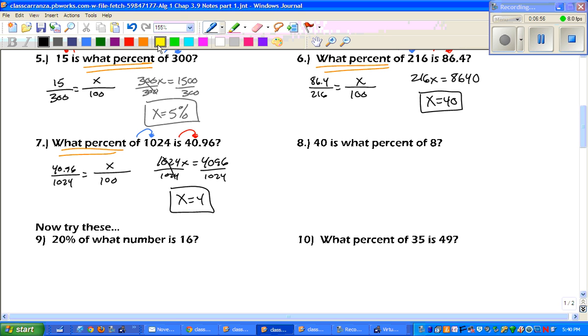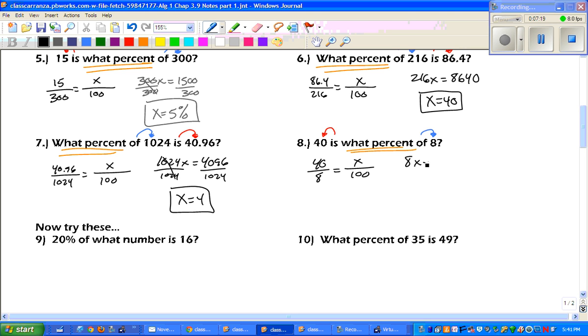Let's look at 8 real quick and do that together. It says 40 is what percent of 8? So my is 40, and my of is 8. So 40's on the top, 8's on the bottom, equals x over 100.